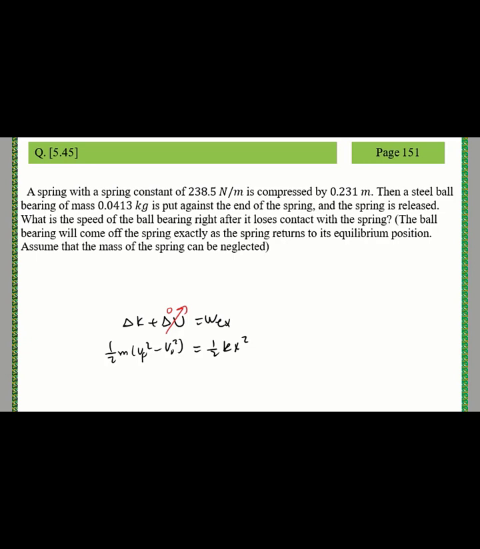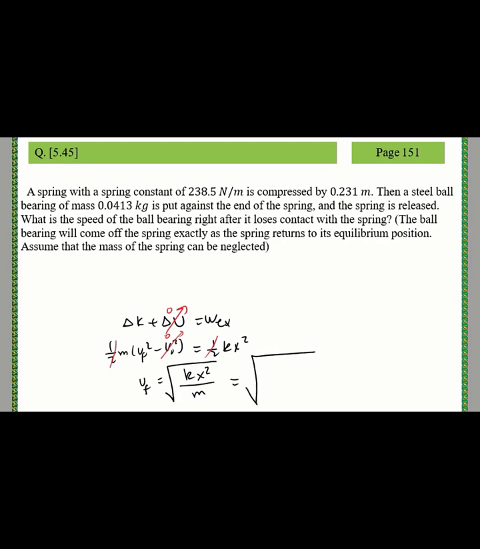Cancel 1/2 with 1/2. v naught is 0. Again, v final equals square root of k x squared over m.